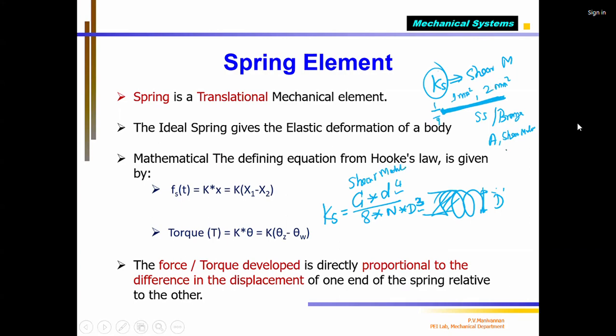That means if you use spring steel, it has some value. If you use bronze, that is a different value. If you use some other material, it varies. And of course, this is the number of turns: 1 turn, 2 turns, 3 turns. Number of turns of the coil. Note down this formula.